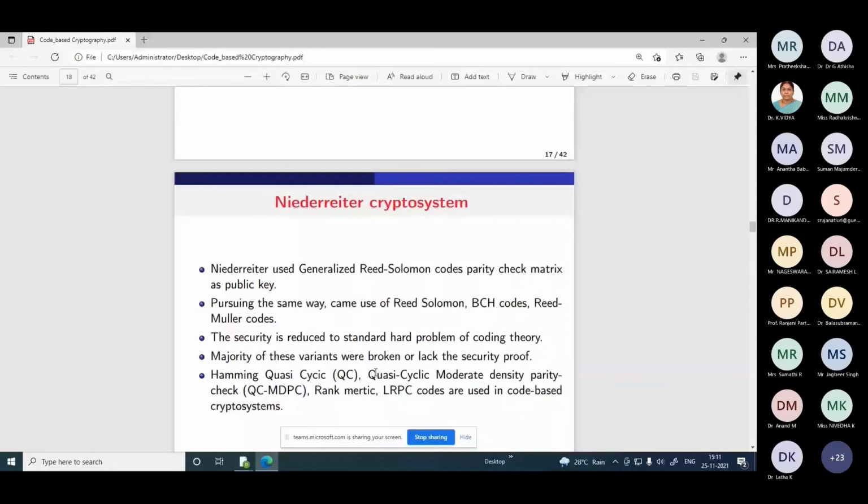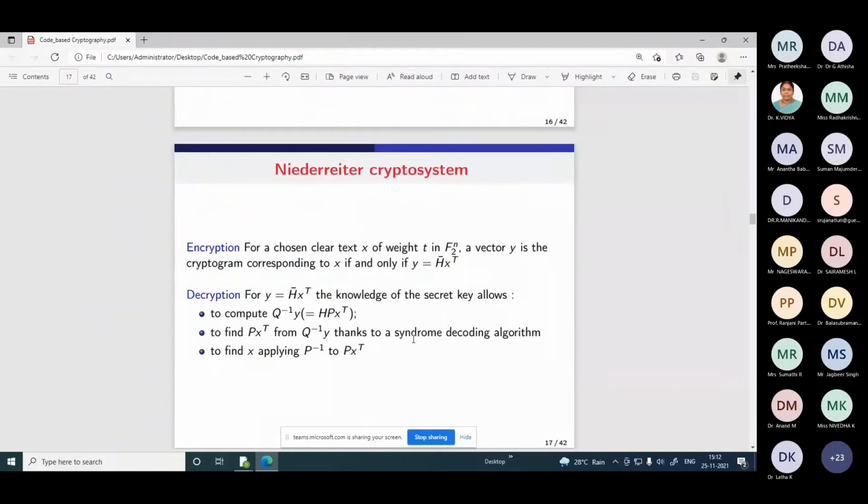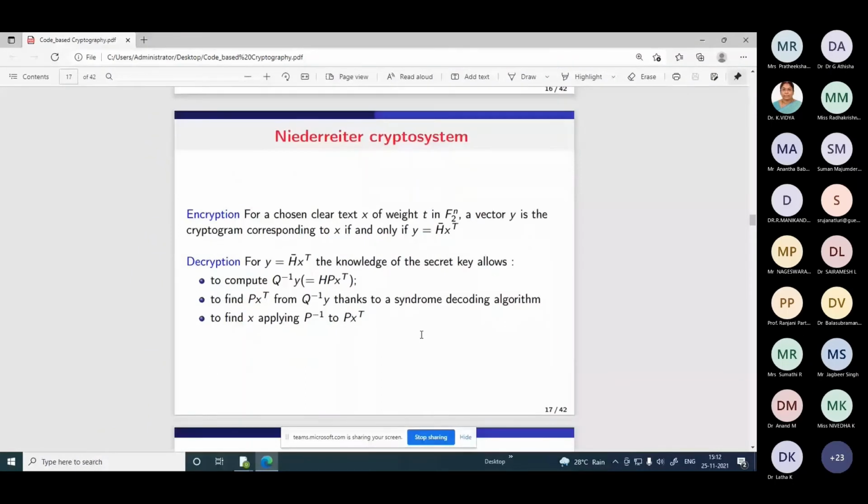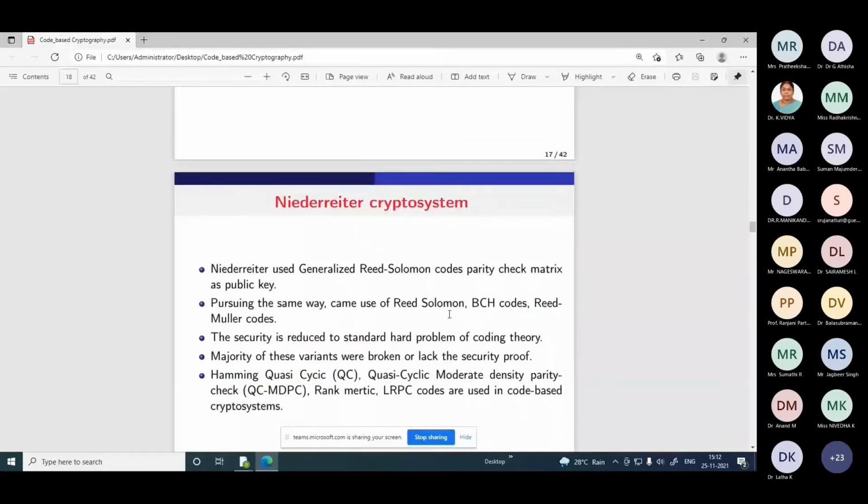In the Niederreiter crypto system, at first they used generalized Reed-Solomon codes instead of GOPA code. But it was a bad choice. Later they found that GOPA code is good in the place of generalized Reed-Solomon code. So what I have defined here is nothing but GOPA code. Pursuing the same way came the use of Reed-Solomon, BCH codes, and Reed-Muller codes.